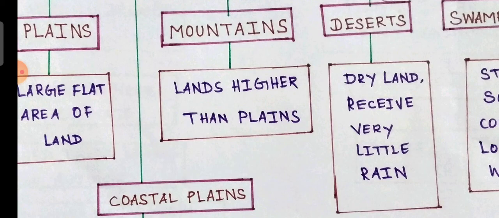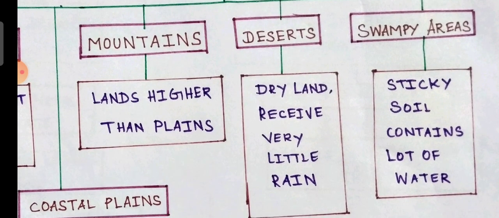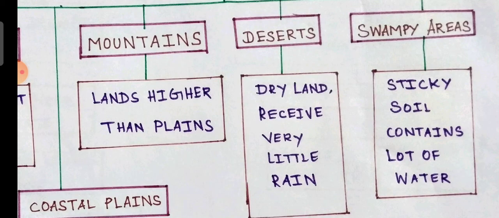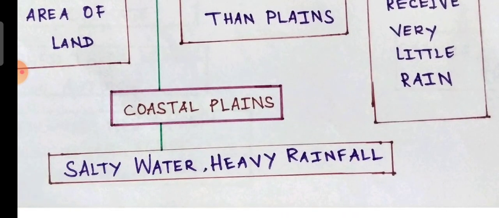Lands higher than plains are known as mountains. Next, deserts. Dry land which receives very little rainfall or no rainfall is called deserts. Swampy areas: sticky soil which contains a lot of water. Coastal plains: coastal plains are areas which have salty water and heavy rainfall.